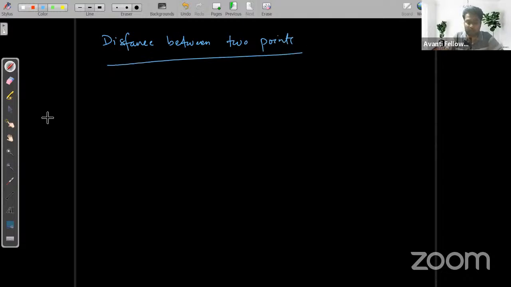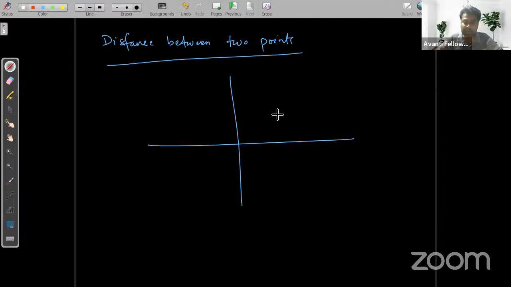Now the distance between 2 points in the Argand plane. Suppose this is my Argand plane and this is my vector PQ, where P has the coordinates x1, y1, and Q has the coordinates x2, y2.